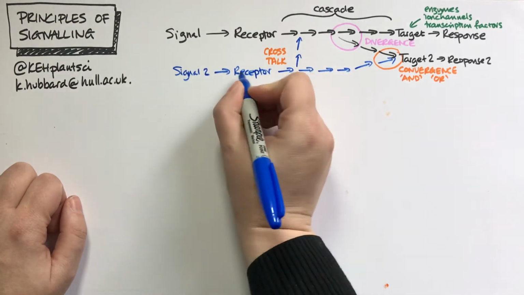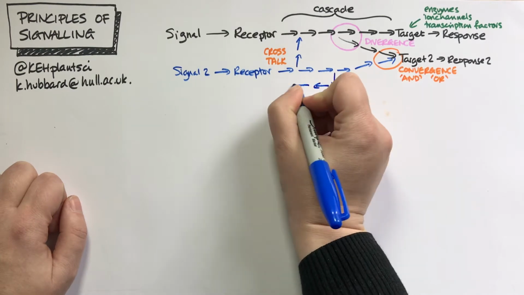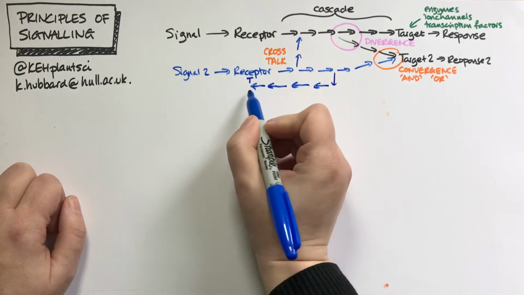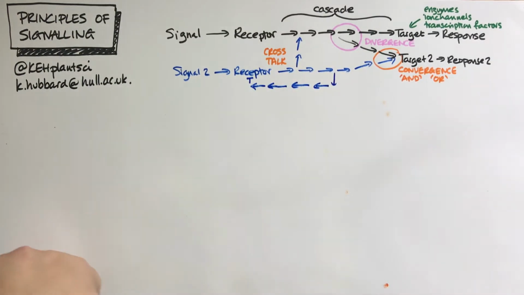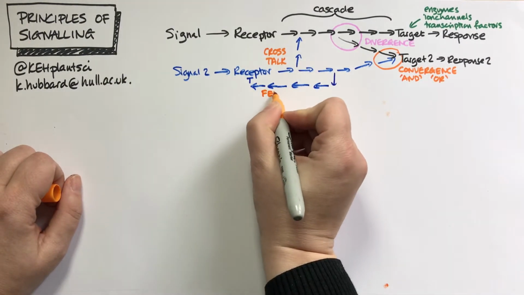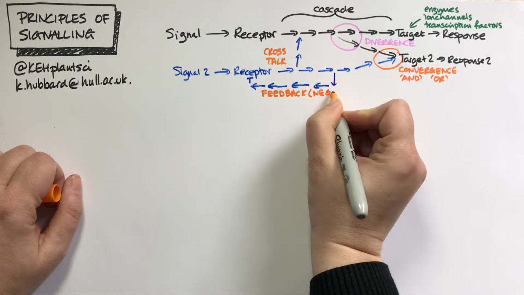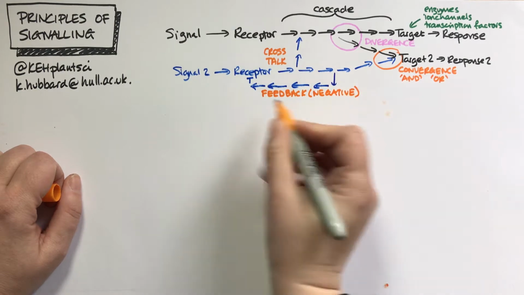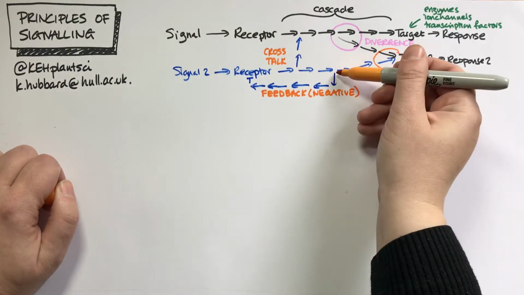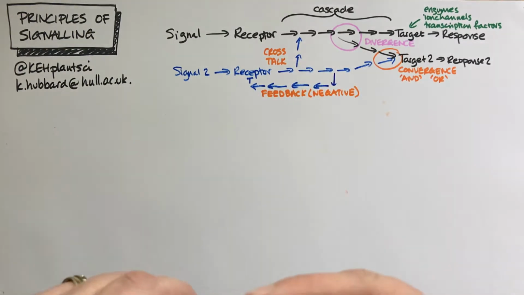So let's say, again, receptor 2 activates a few proteins, and then maybe, as a result of that, there's another pathway that comes back to inhibit the original receptor. So that would be an example of feedback. In this case, it's negative feedback. You can also have positive feedback. So the pathway is responsible for its own downregulation. It activates something, but then maybe on a slightly slower pathway, the pathway is responsible for switching itself off again. So that would be a negative feedback system.